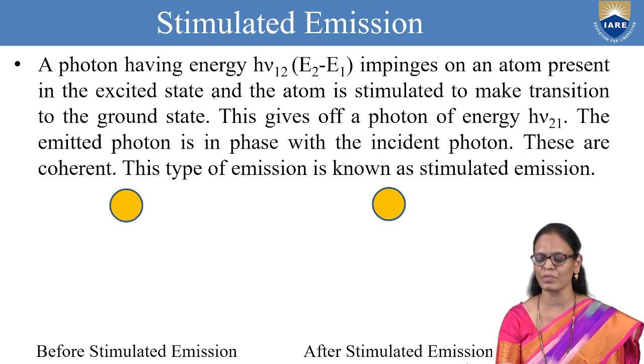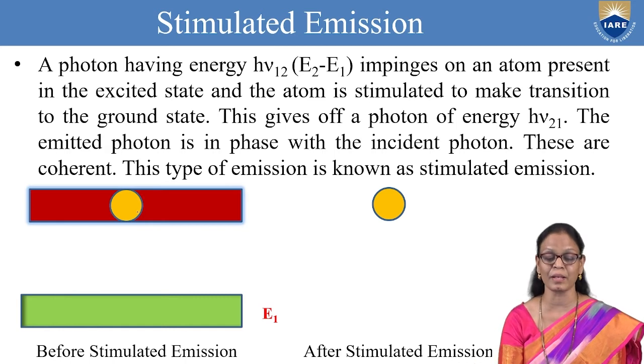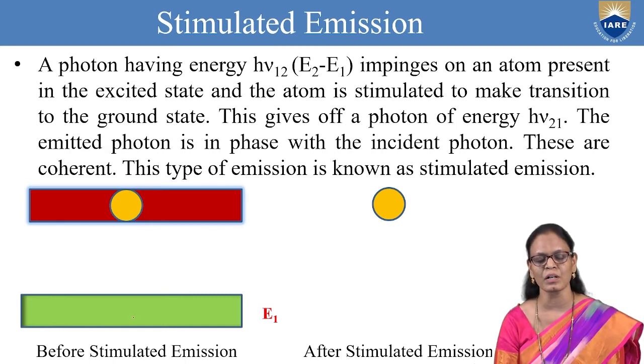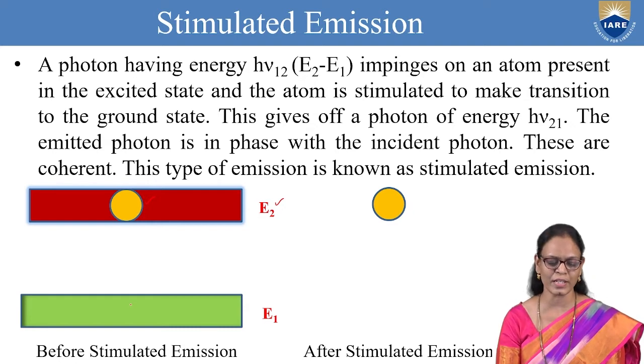What we are going to do here is, the atom is now in the excited state before it makes a transition to the ground state. So the atom is in E2. E2 is the excited state, and this is E1. Once the lifetime is over, this atom spontaneously comes to the ground state by emitting the difference in energy.